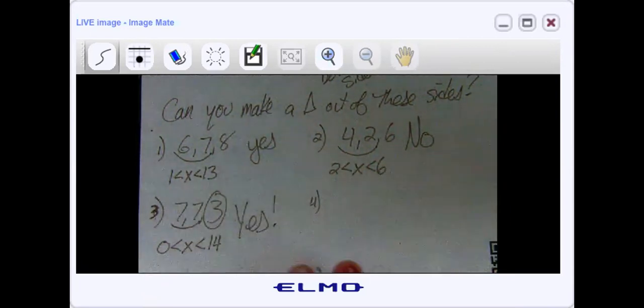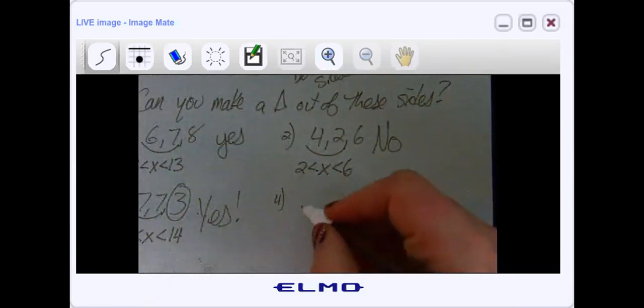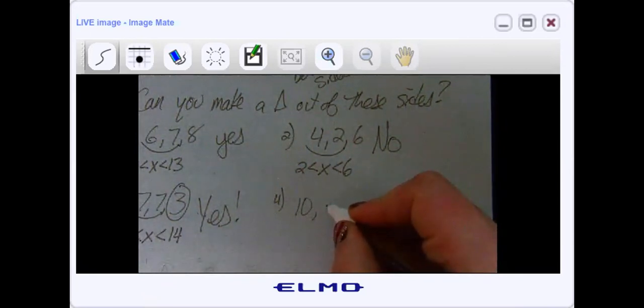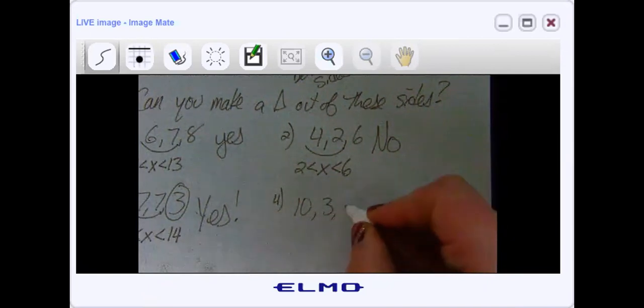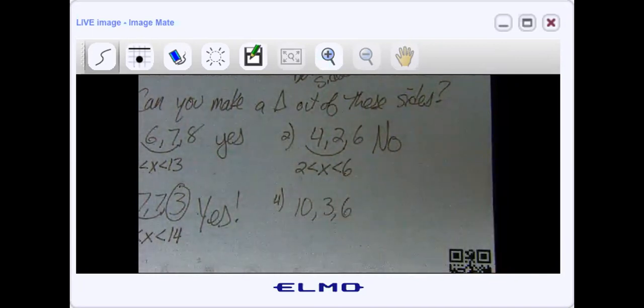Okay, let's try another one. What if it was 10, 3, and 6? Can you make a triangle out of sides 10, 3, and 6?